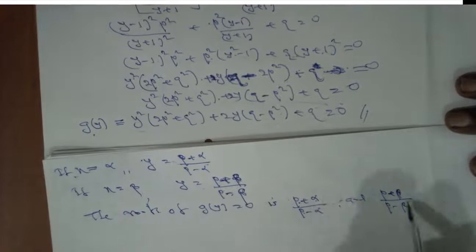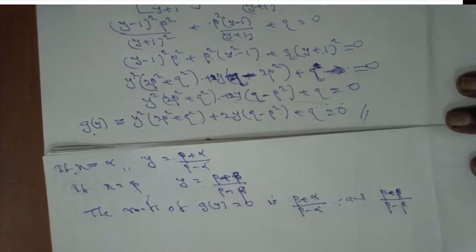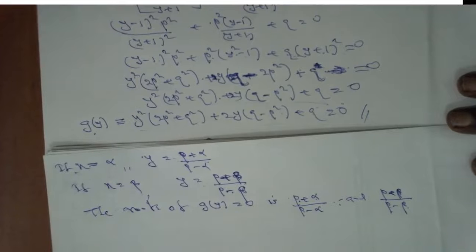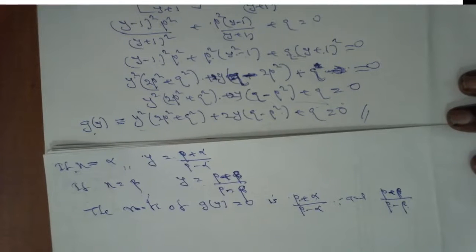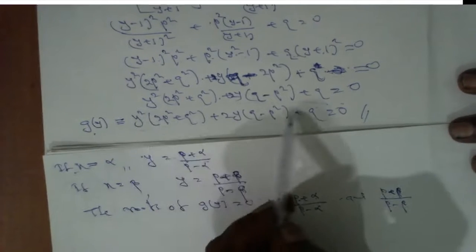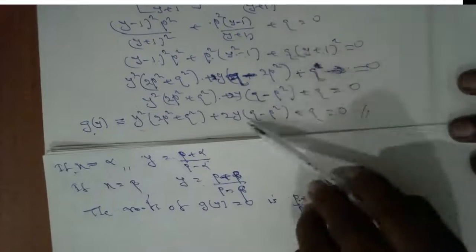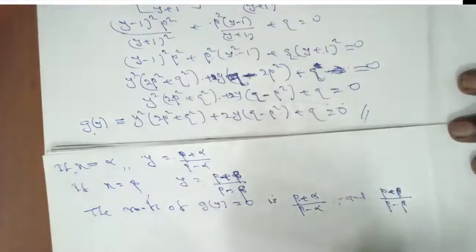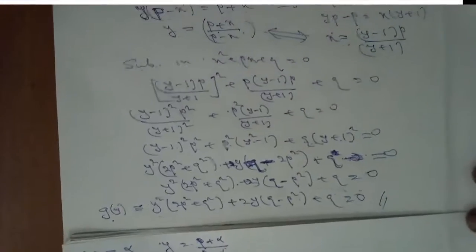These are the roots of the equation g(y) equals 0. So without using this equation, you can find the roots using this relation. Is it clear?